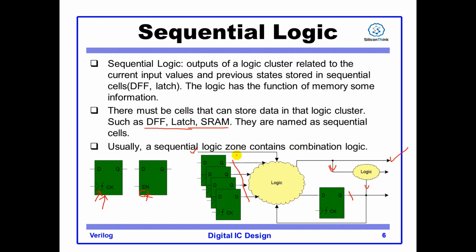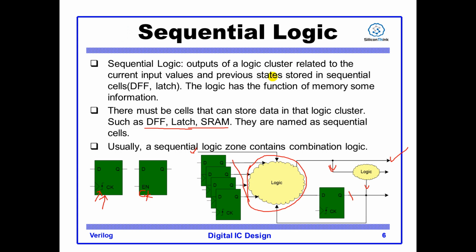So you can say a sequential circuit may contain some combination logic, but combination logic can't contain any sequential cell. Okay, this is the basic concept of sequential logic and combination logic.